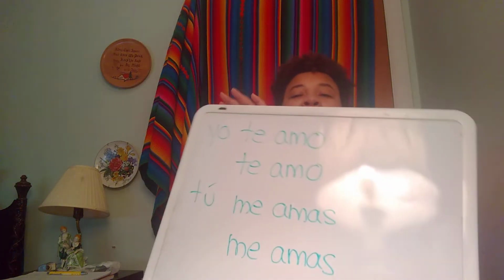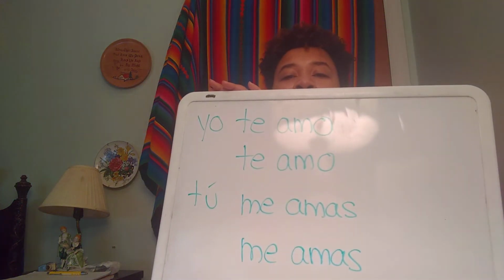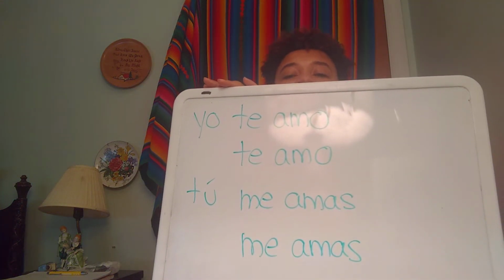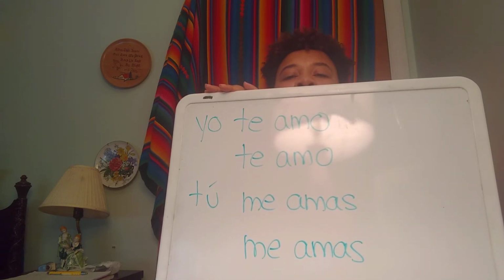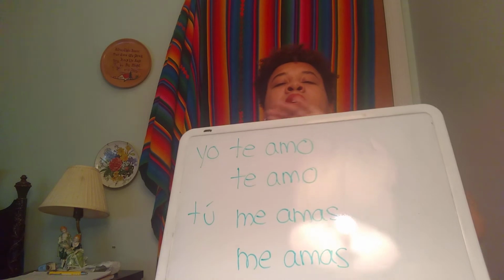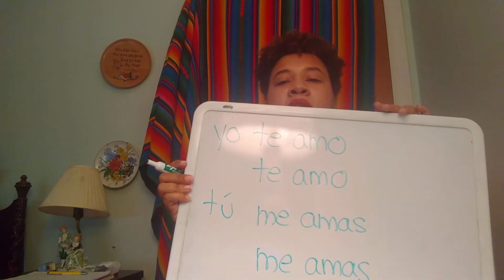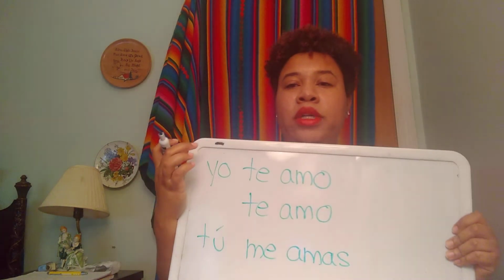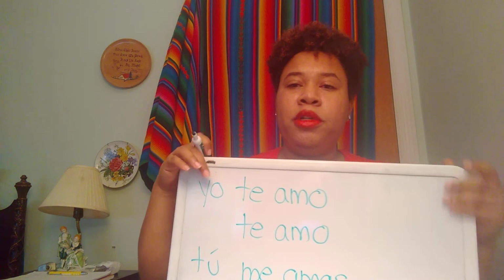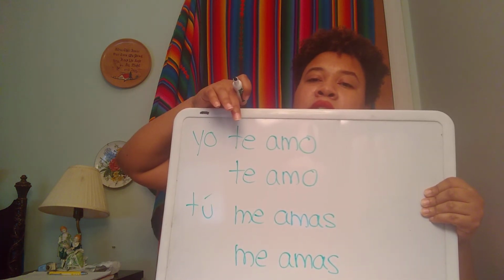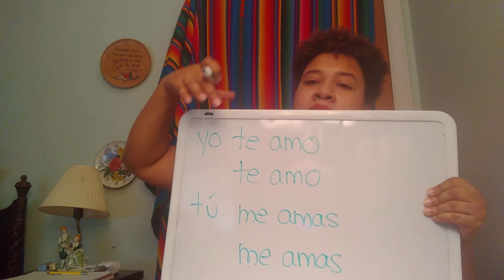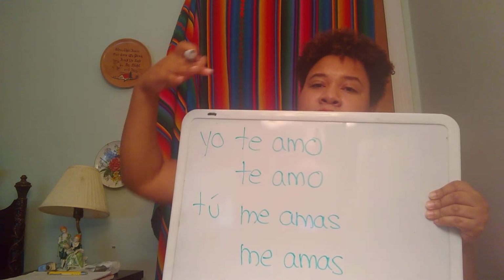So we have the roles reversed here. Yo te amo, I love you. Te amo, I love you. Tú me amas, you love me. Now, here's the order, okay? You say the personal pronoun yo, and then te, you. So this is I, you, I love. That's what you're literally saying.